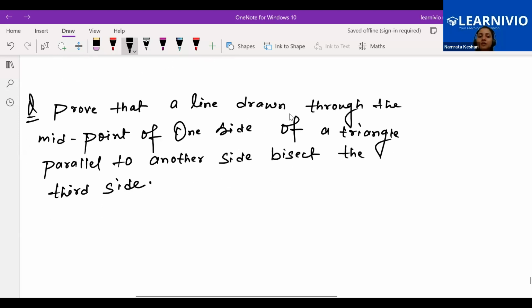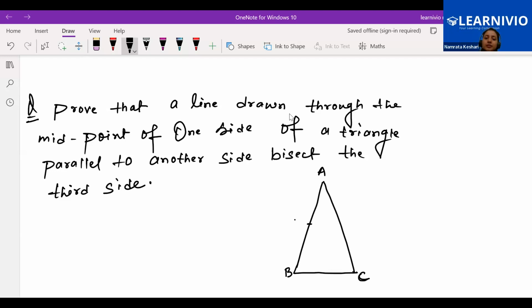Prove that a line drawn through the midpoint of one side of a triangle.